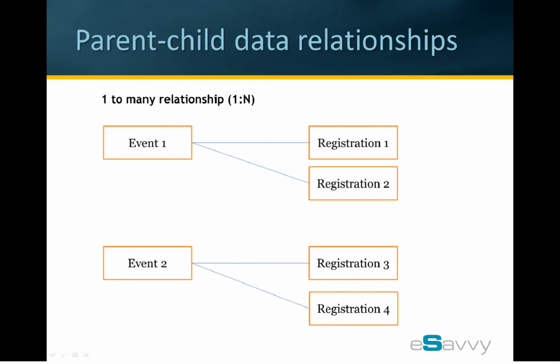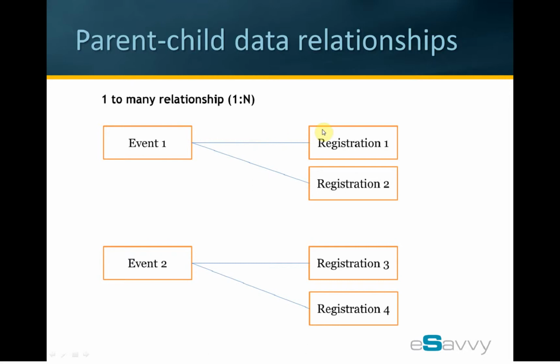Parent-child data relationship, also known as one-to-many relationship, or simply written as 1:n. This refers to a relationship between two entities. In this tutorial, we will use an entity called event and an entity called registration.